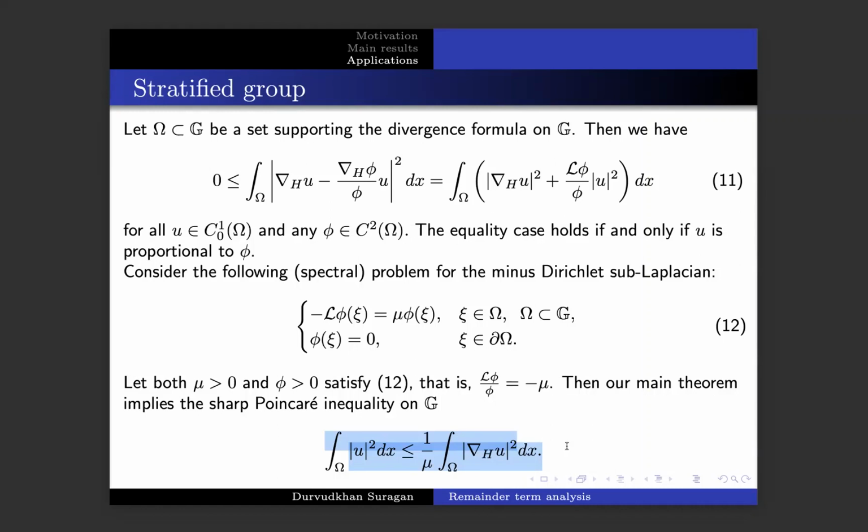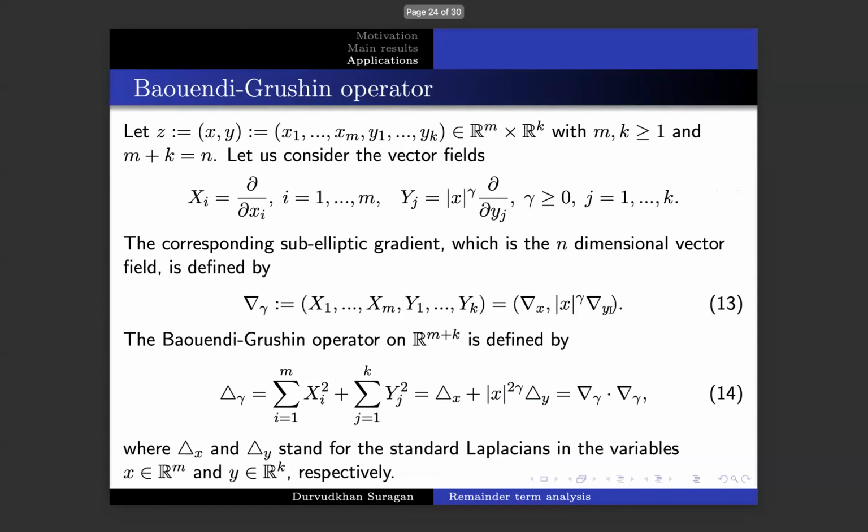So for us, the question was open. At least these relations give us a hint: if everything is fine with this spectral theory, in other words, the first eigenvalue and first eigenfunction are positive, then the sharp Poincare inequality is guaranteed. That's the final conclusion, and it gives us this theorem.